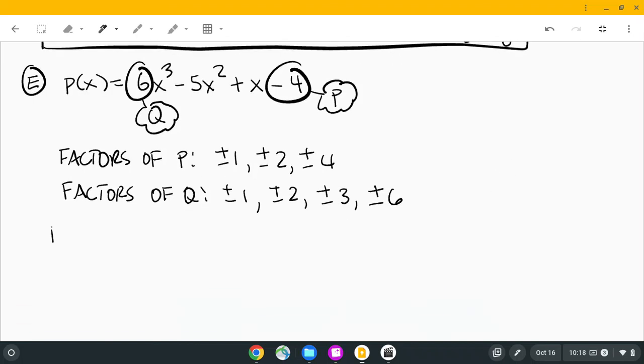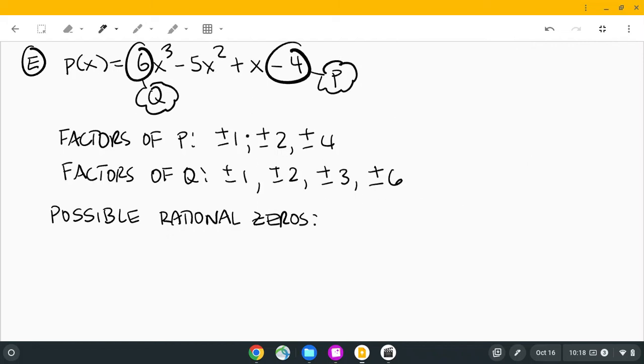All right, so now your list of possible rational zeros. Remember, they have the form P over Q, so that's going to be all of these guys over all of these guys. I'm going to start with this here. All of these over 1 is just going to be all of those. So plus minus 1, plus minus 2, plus minus 4.